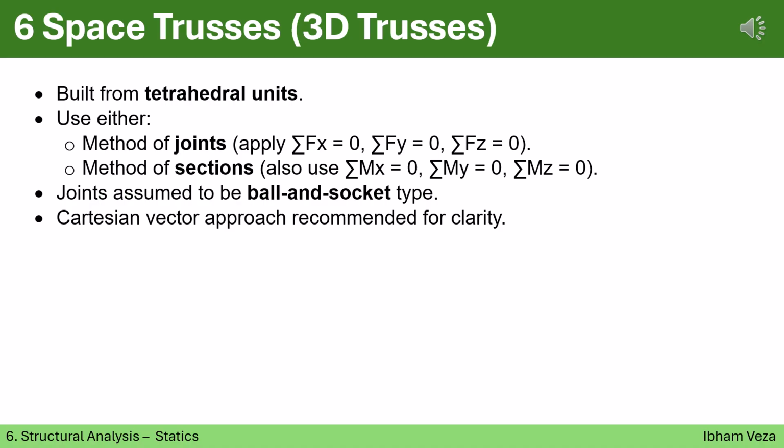Analysis follows the same equilibrium principles as planar trusses, but now includes 3 force equations: sigma Fx equals 0, sigma Fy equals 0, and sigma Fz equals 0. When using the method of sections, moment equations about the x, y, and z axes may also be required. A Cartesian vector approach is often the clearest way to perform calculations.